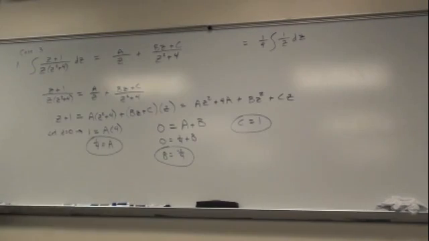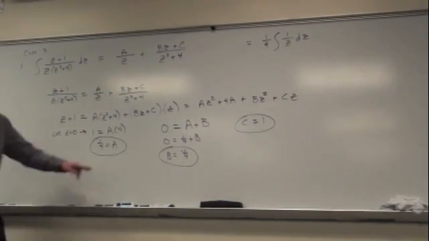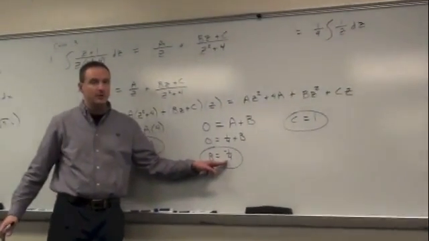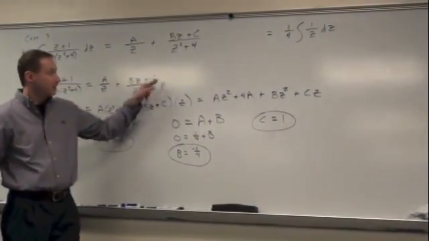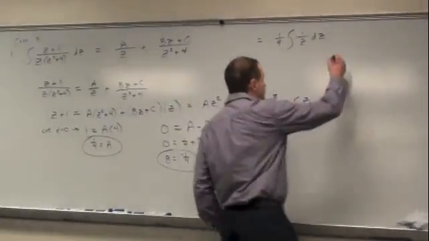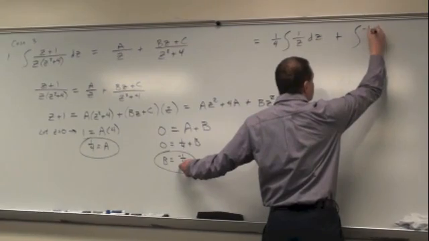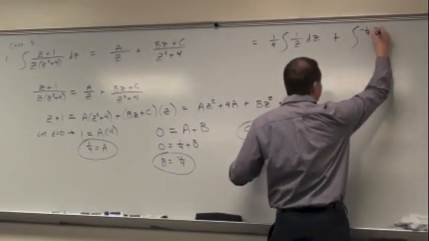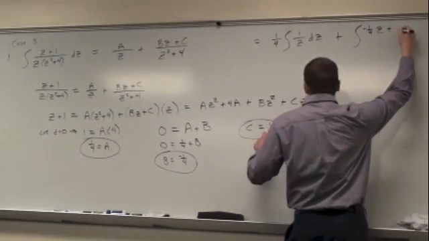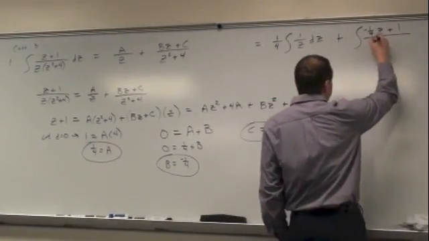That one's going to be easy to integrate. My next one, this one's going to be more confusing, so I'm going to show it out. Plus bz plus c. So plus the integral, negative 1/4 z plus c, which is 1, all divided by z squared plus 4.